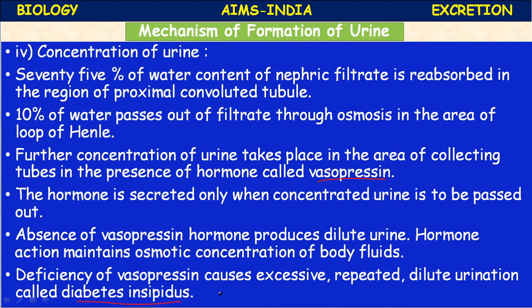Next, so that's why you may wonder why it is not secreted when a person drinks a lot of water. Okay, the hormone is secreted only when concentrated urine is to be passed out. Okay, that is a main point you need to remember.